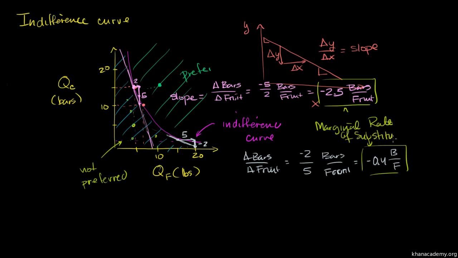It's a very fancy word, but all it's really saying is how much you're willing to give up of the vertical axis for an increment of the horizontal axis. Right at that point, and it changes as soon as you move, because this is a curve, it changes a little bit, but right at that point, for a super small amount, how many bars are you willing to give up for fruit? And obviously it changes as we go along this indifference curve.